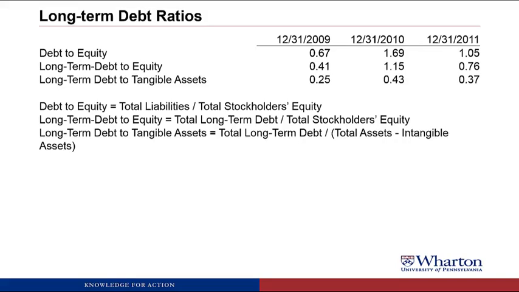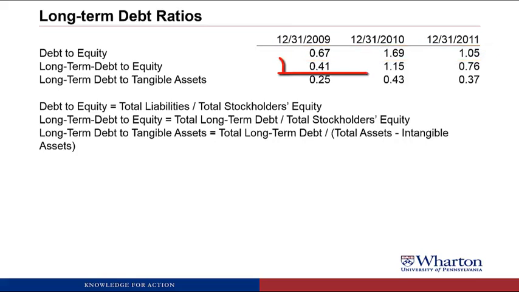Let's take a look at these long-term debt ratios for Plainview. In this case, lower ratios are generally better than higher ratios because they would indicate less risk, more borrowing capacity to fund growth. So Plainview's debt to equity has risen over this period, but it's still only 1.05, which means that for every dollar of equity investment, Plainview has about $1 in liabilities, which is a fairly low leverage ratio.